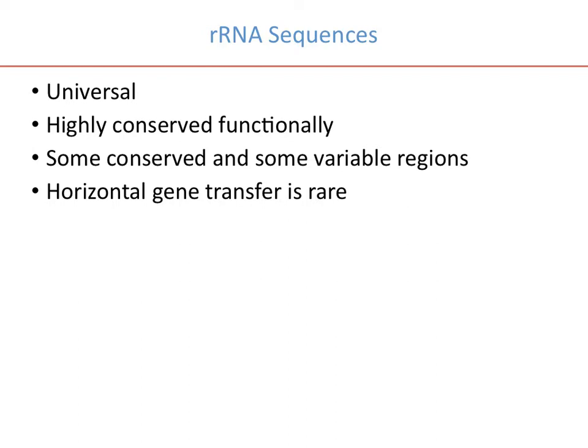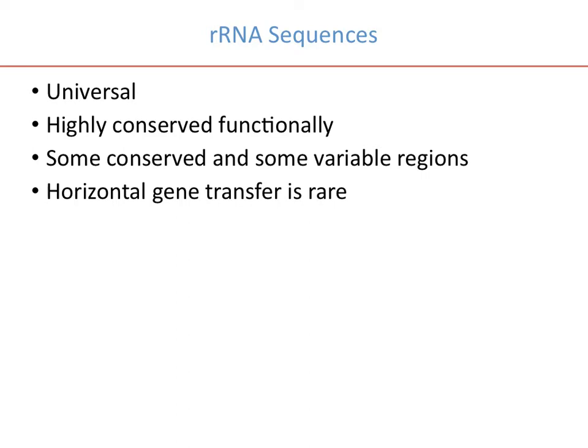So there are several reasons why we use rRNA sequences, and of course, one is that they're universal. We've talked about this again and again: across all species in all domains of life, they're highly conserved functionally, and because they're performing the same function in all different organisms, the sequence and the two-dimensional and three-dimensional structure is maintained.